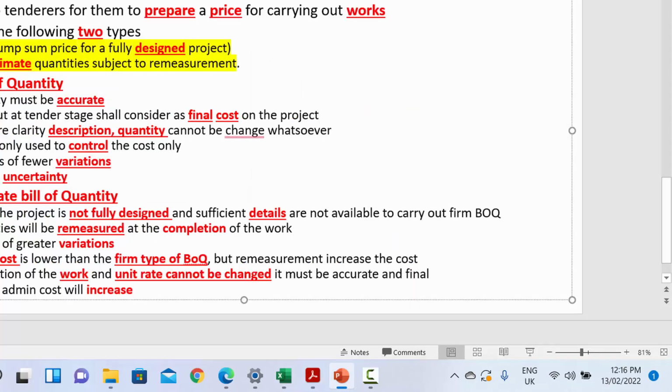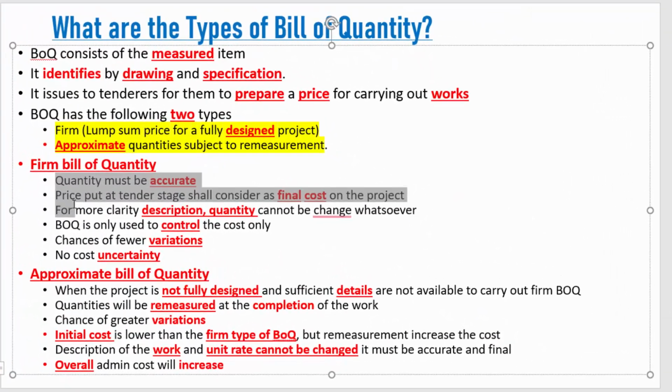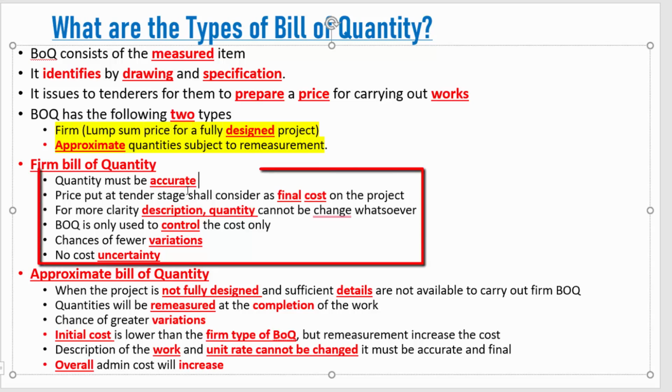Now I am taking you through all these points quickly so that we can move to approximate bill of quantities. Quantity must be accurate. If the quantity is not accurate, you are going to end up with a disaster, so it is very important to have accurate quantities. The price put at tender stage shall be considered the final cost.